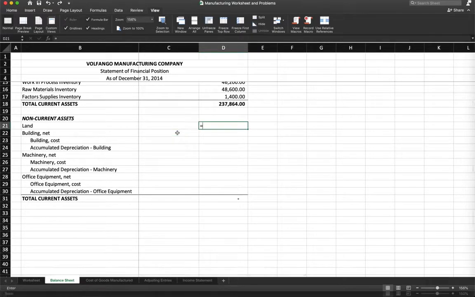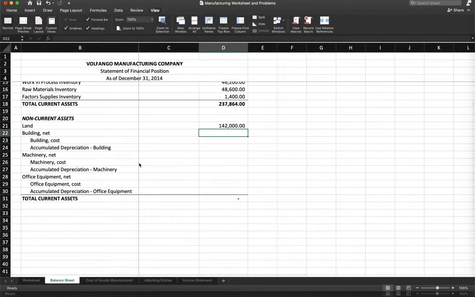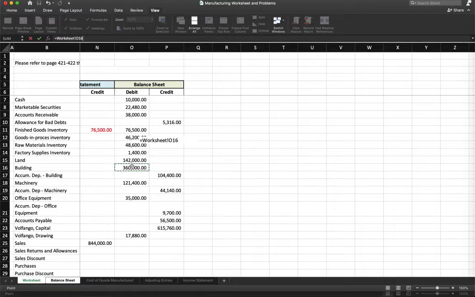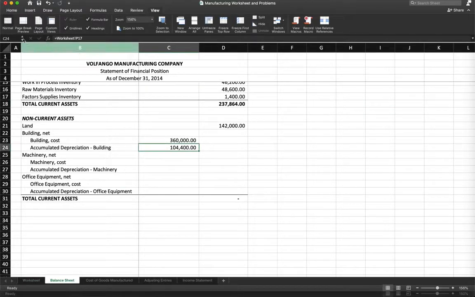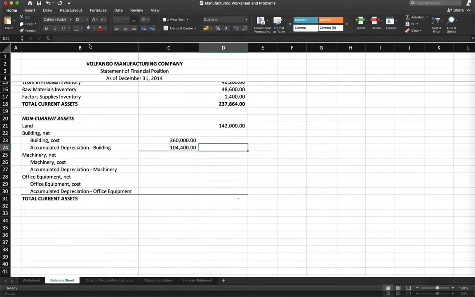Okay, so magkano yung land? 142. Building cost. Accumulated depreciation building, 104,400. Magkano ngayon ito? Less, 255,600.